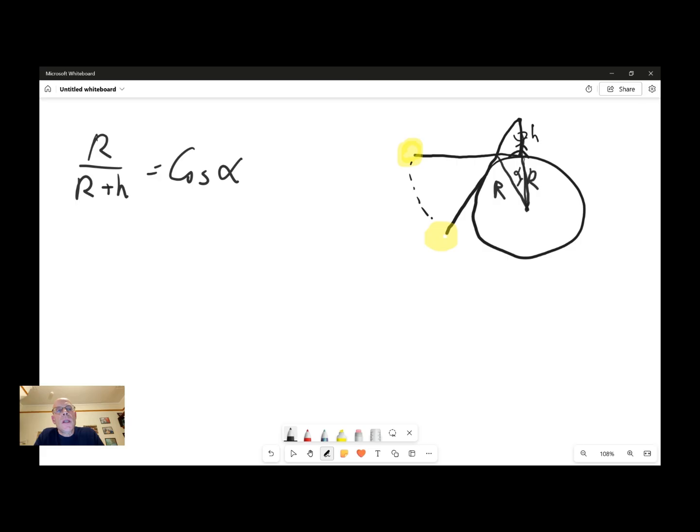And since h is very, very small with respect to r, we can actually write it as r(1 minus cosine alpha) equals h cosine alpha.